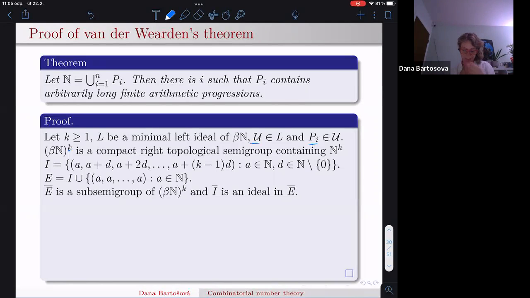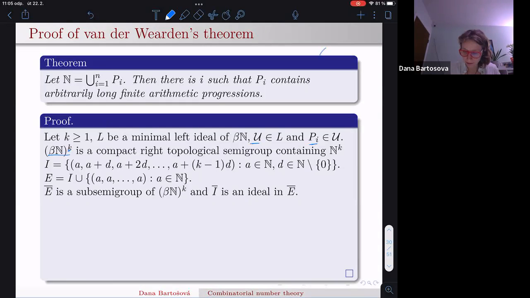So it is straightforward from what we just said on the previous slide, that I can compactify n to k by looking at its inclusions coordinate-wise into beta n to k.